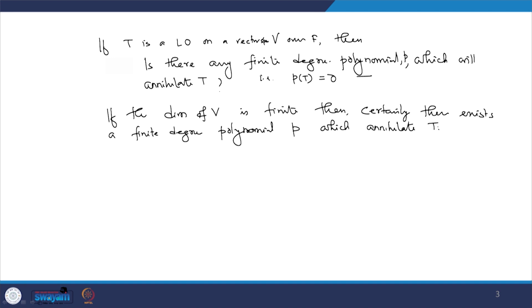But the question is, how can you say that there exists a finite degree polynomial which will annihilate T?